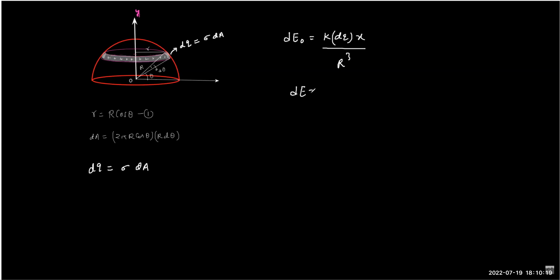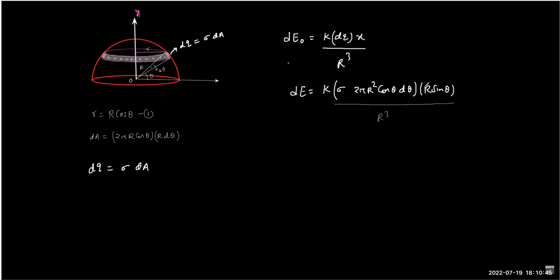So the next step is, this will be K, and dq we now have is sigma into dA, which is 2 pi R square cos theta d theta. x itself is R sin theta, upon R cube.